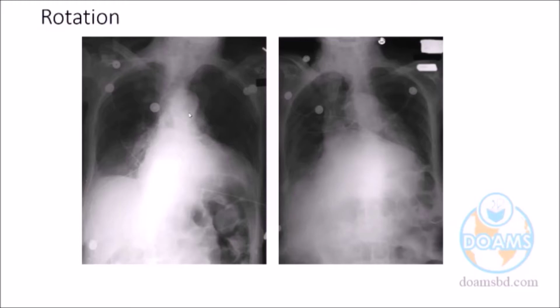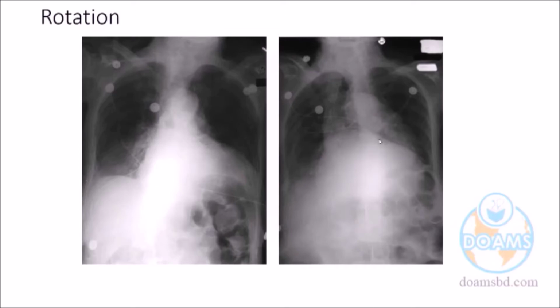Maybe there is some rotation also, but there is some obvious pathological problem. If we compare these two, in the left-side X-ray, the second X-ray, the trachea is more shifted to the right, but it is of the same patient. You see that the trachea is a little to the right here, but much more to the right of the spine there. It is only due to a fault in the rotation.